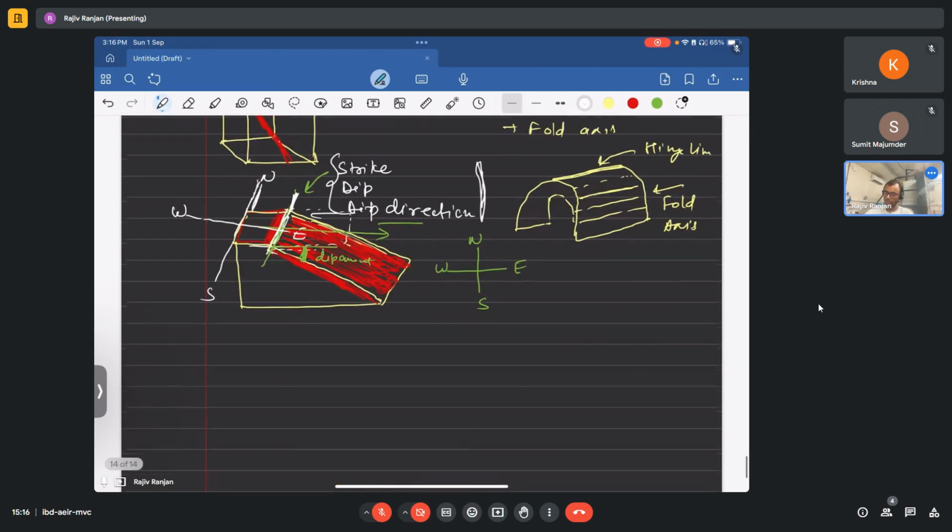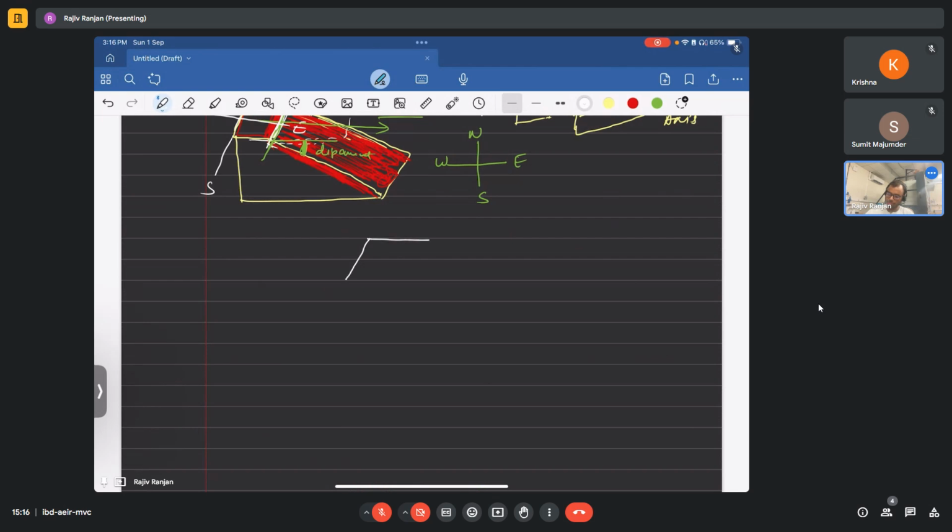Suppose you have the same bed now, but you can have some lineations. Like when two blocks move against each other, there will be some lineation, some scratches. Very basic stuff I'm telling you.